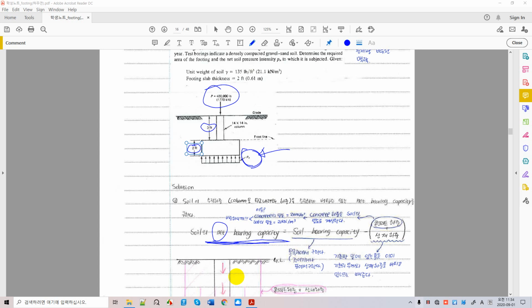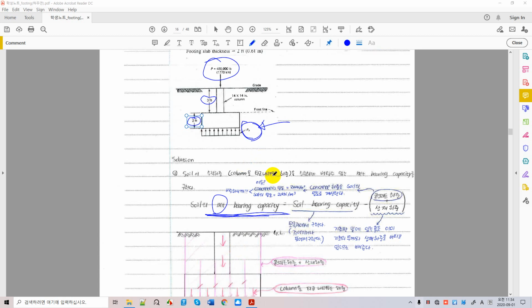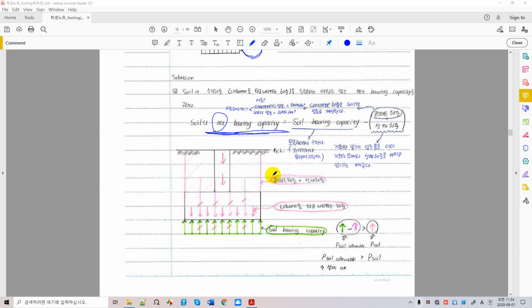So before you decide what to do, you need to know the soil bearing capacity, which is the net soil bearing capacity. Okay, what is soil bearing capacity?